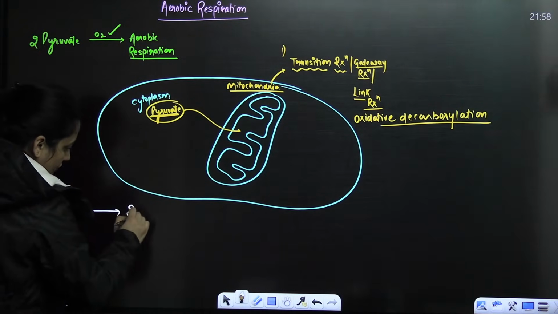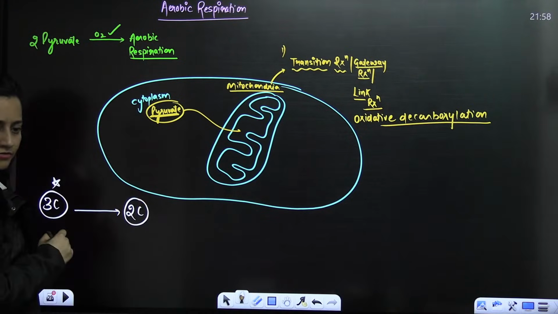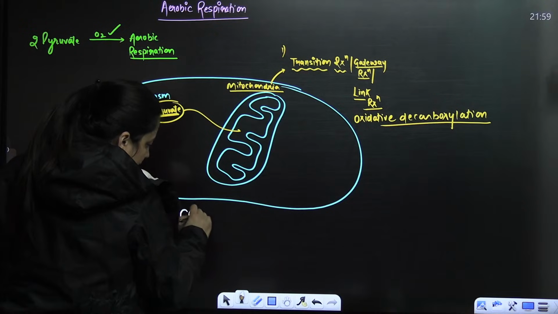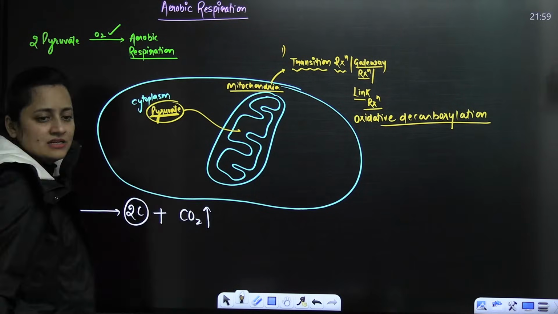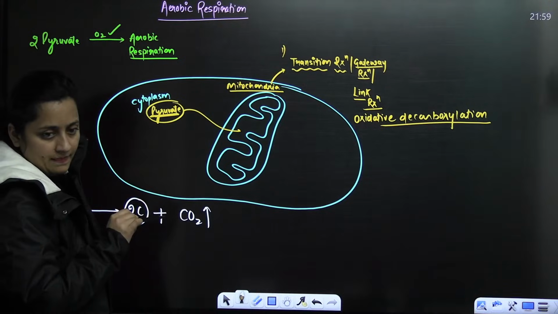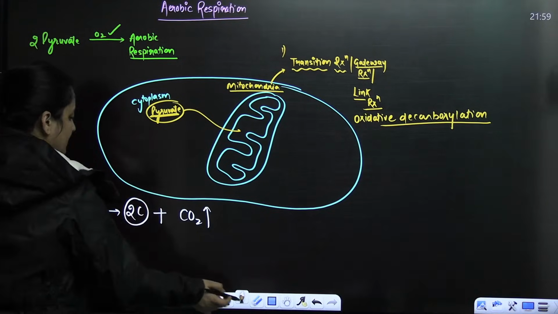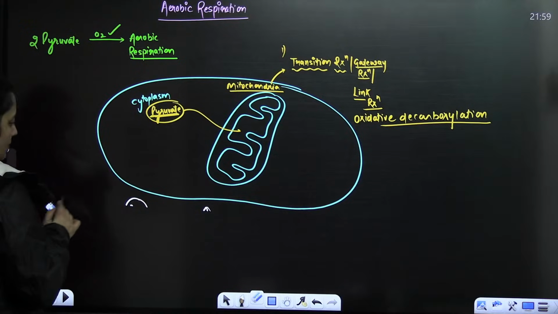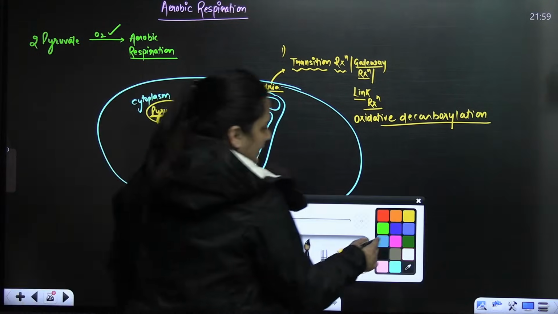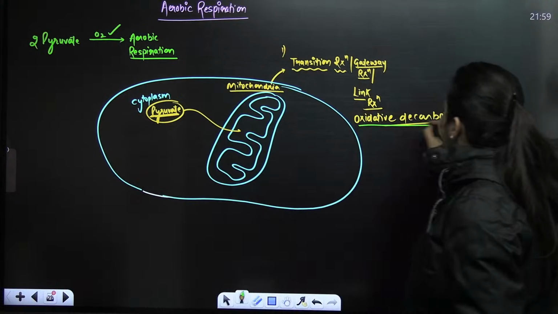In this reaction, there will be the formation of a 2-carbon compound and CO2, carbon dioxide, will be released. That's why the name of the step is oxidative decarboxylation. So CO2 is ultimately released here.